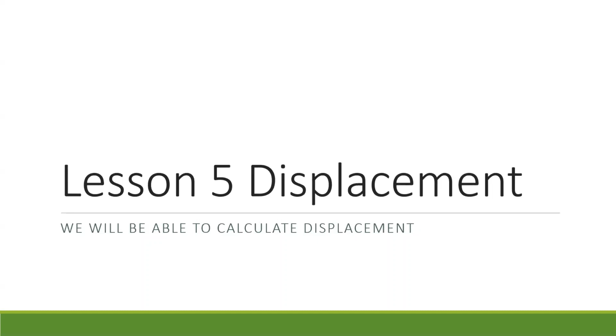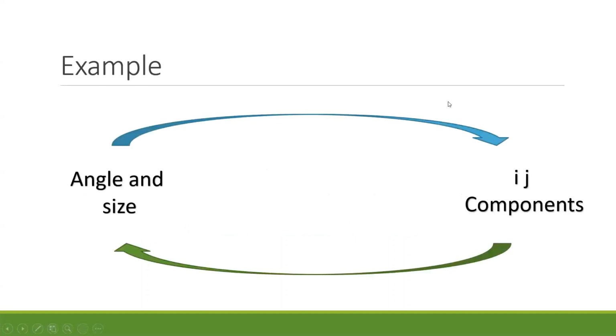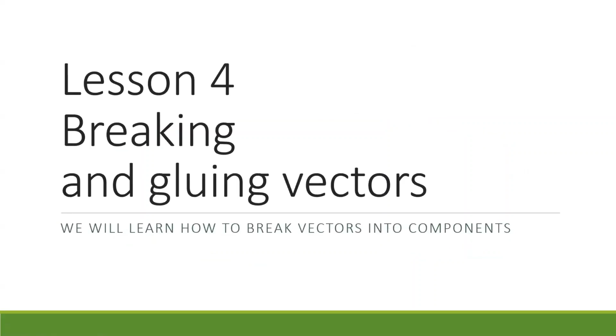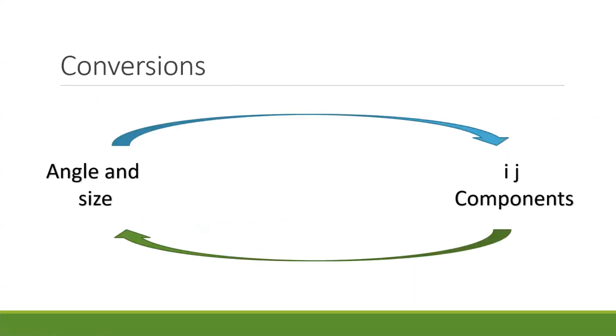Last lesson, we talked about breaking and gluing vectors. We said vectors are usually an angle and a size, like 20 meters north or 30 kilometers up, whereas ij components give you vectors in forms of horizontal and vertical.